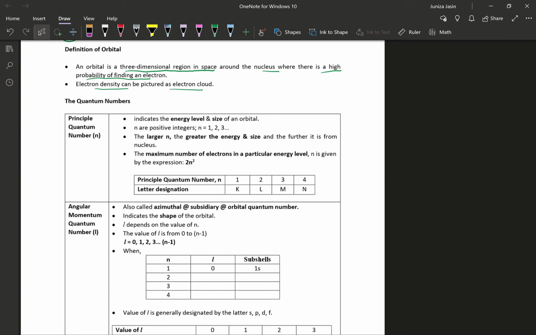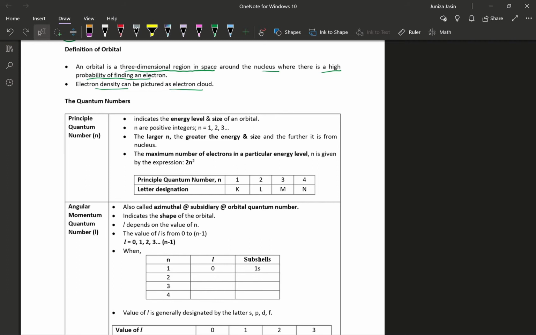Okay, dia move in circular orbit. That means we can know the position. But for Heisenberg, dia cakap tak. Okay, kita tak boleh tahu position and momentum of electron simultaneously. So instead of electron tu moving in an orbit, sebenarnya electron tu berada pada orbital.